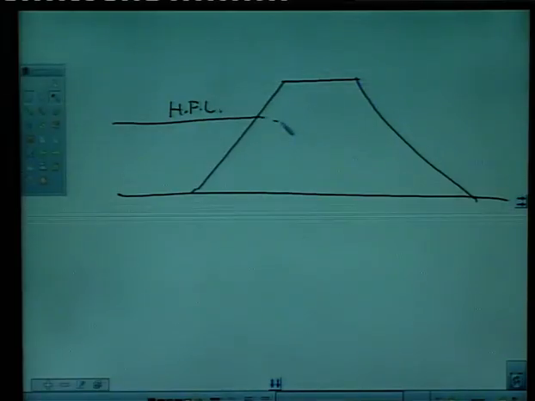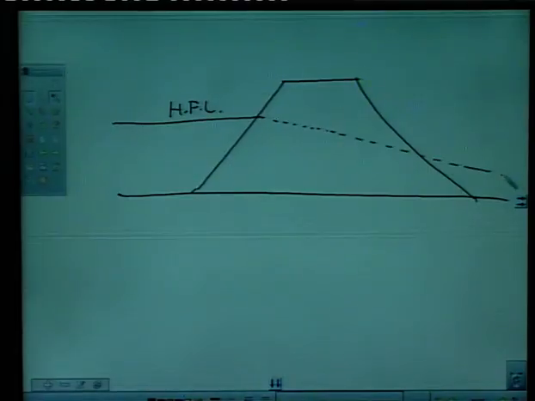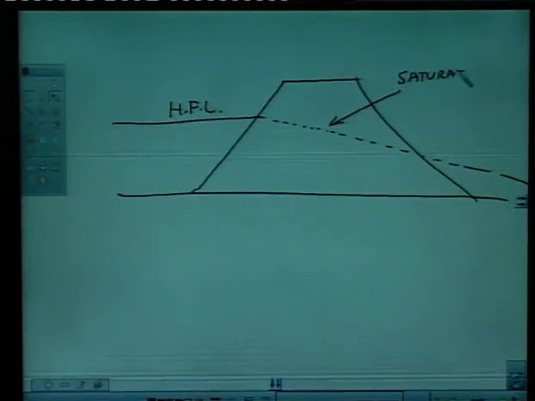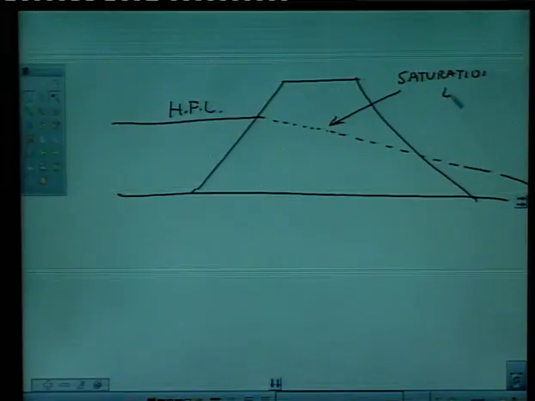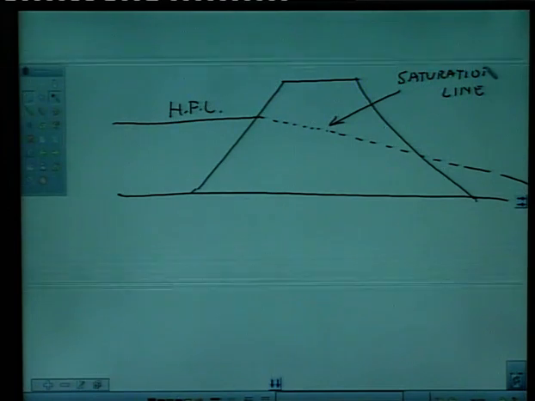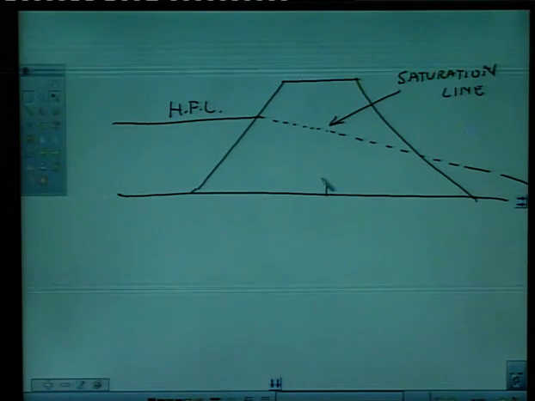So, when your saturation line is going out, then you provide some filter over here.